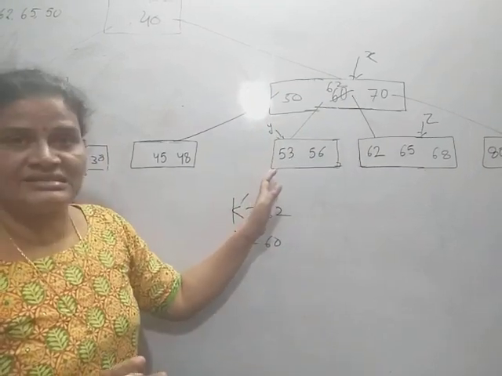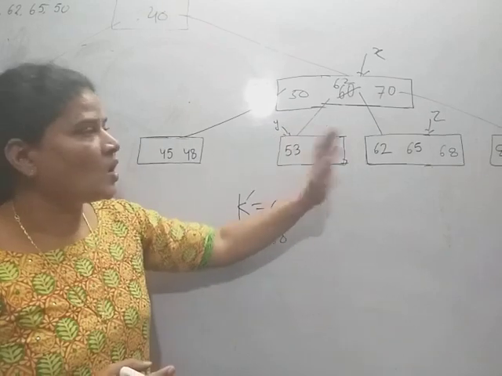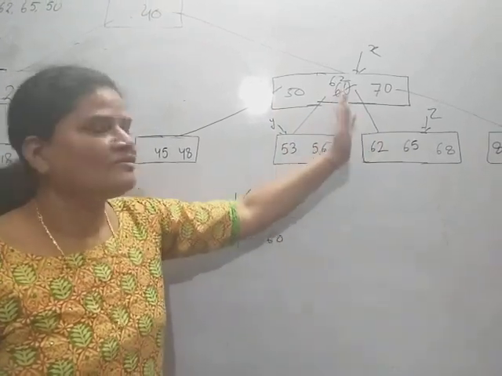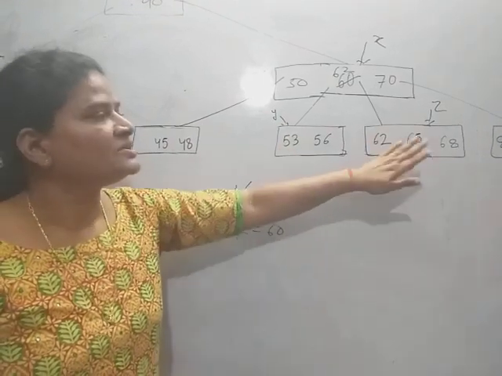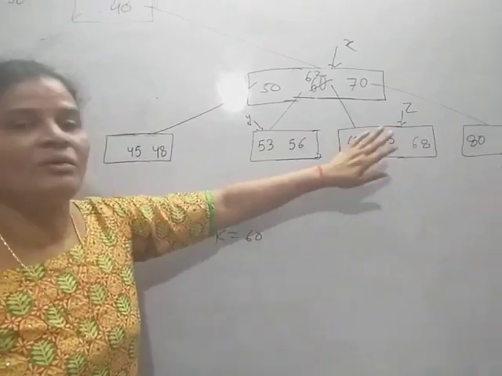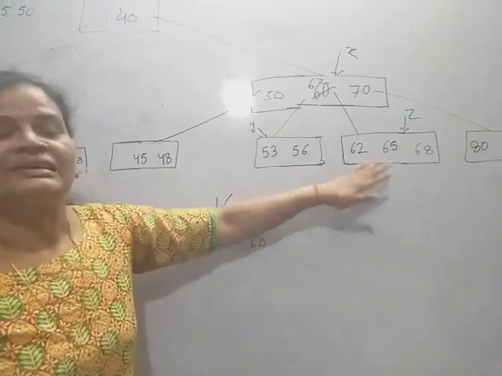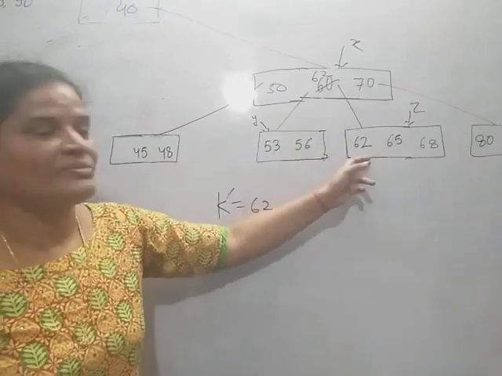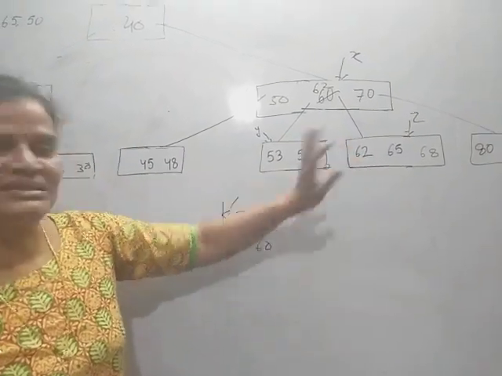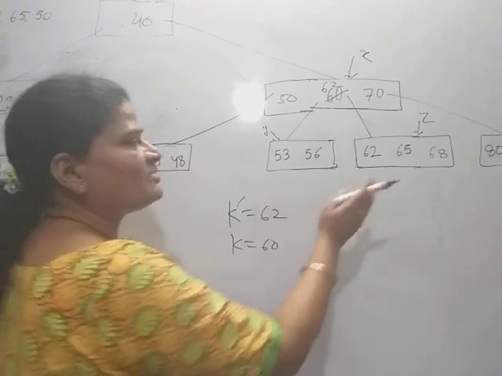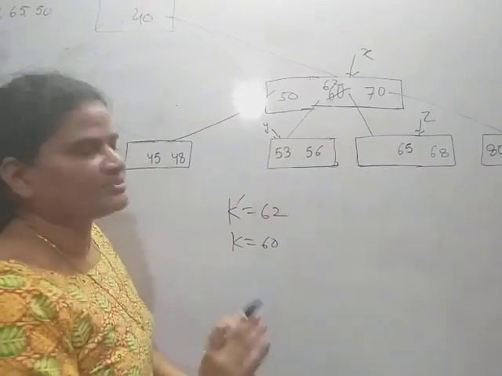We check either the child that precedes 60 or the child that follows 60. Here the child that precedes 60 doesn't contain t number of keys, so we go for this one. Now the problem is converted to deleting k dash, that is 62, from the subtree rooted at z. As this is a leaf node, it is the simple case, and 62 is deleted from the leaf node by shifting.